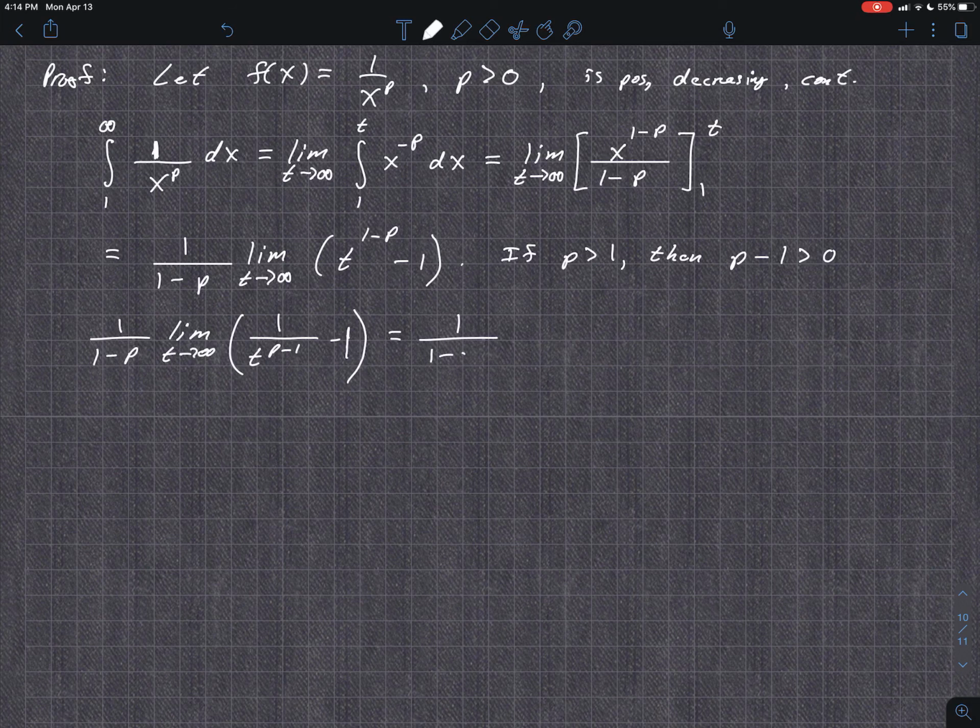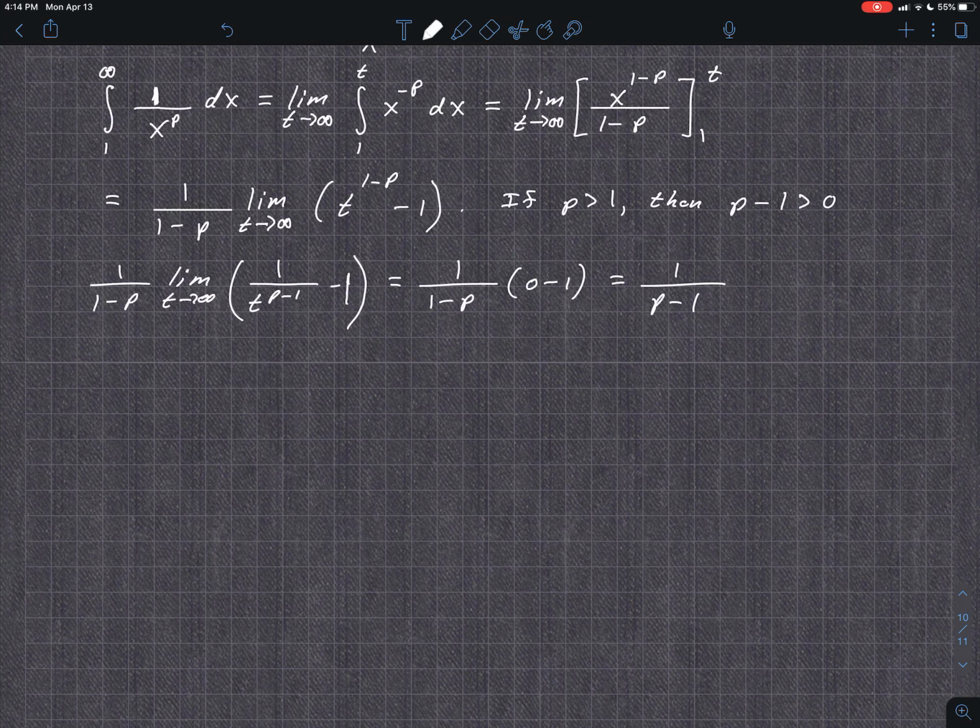And this is equal to 1 over 1 minus p times 0 minus 1, which is equal to 1 over p minus 1, which converges. So therefore, since that converges, the sum converges.